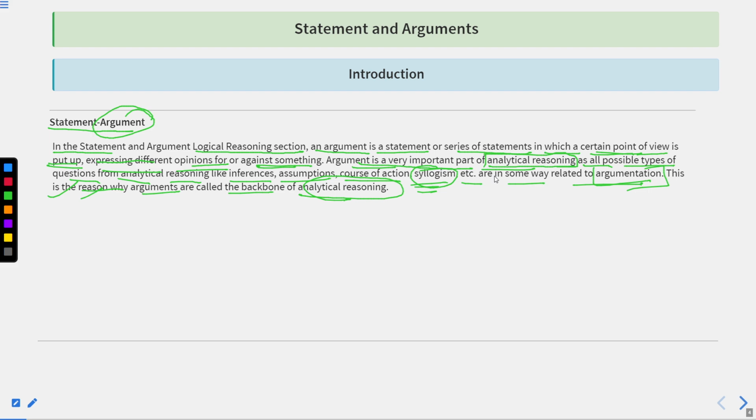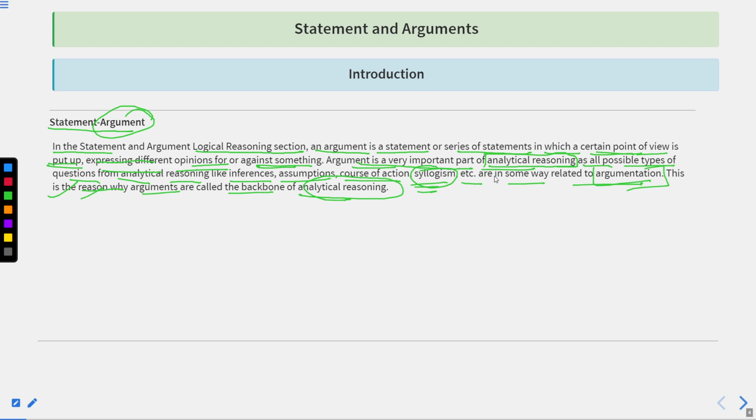So that is why it is important to understand the concept, because not only is this concept going to be fruitful for your competitive examination, but it is also going to enhance your analytical reasoning skills. And once you have developed that, it is going to be beneficial in your day-to-day life also.